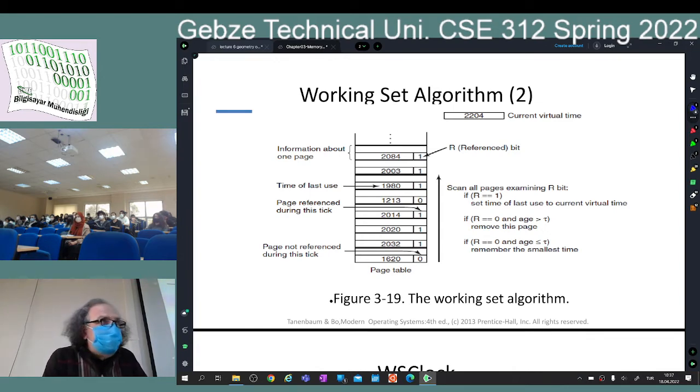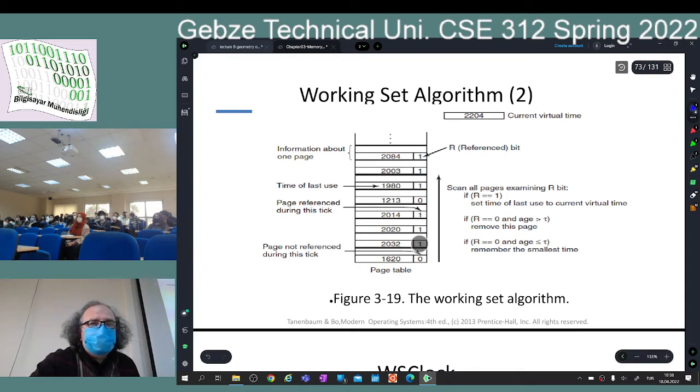So that's basically the data structure that I keep, and this will be my main algorithm. At every clock interrupt, I scan this page table. If the R bit is 1 for that page table entry, then I write the current virtual clock time to this position.